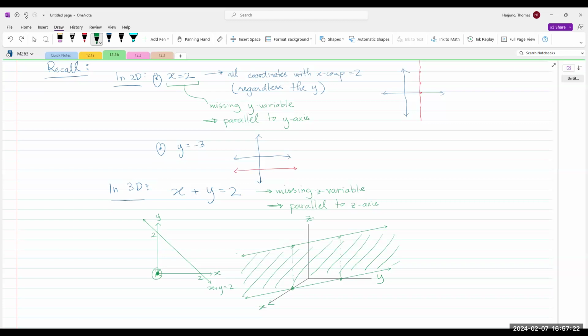Okay, so part of 12.6 that we learn is called cylinder. In geometry, or I think I should say in our Calc 3, it is defined as a surface that is parallel to a line.